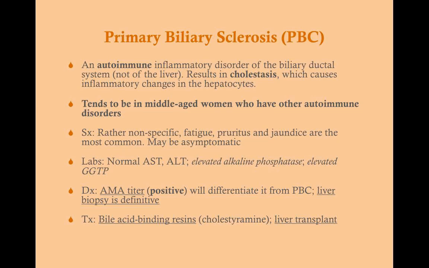It also causes inflammation in the biliary ducts, and it also causes cholestasis, which also causes inflammatory changes in the hepatocytes eventually due to the biliary sludging and congestion. So the pathophysiology here is somewhat similar. The mechanism is somewhat similar. The difference is that this is due to an autoimmune cause. The mechanism as to why it causes hepatic damage is the exact same.